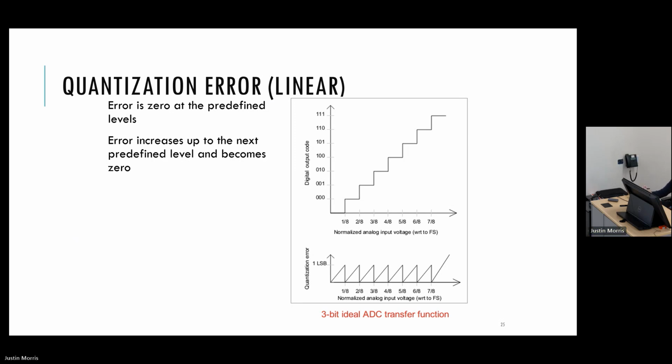So when we are exactly at the correct value, we have an error of 0. But then as we are creeping up the input into the next threshold, our error increases linearly. And once we reach the next threshold, our error drops all the way back to 0. And then it creates this little step function in terms of the error.